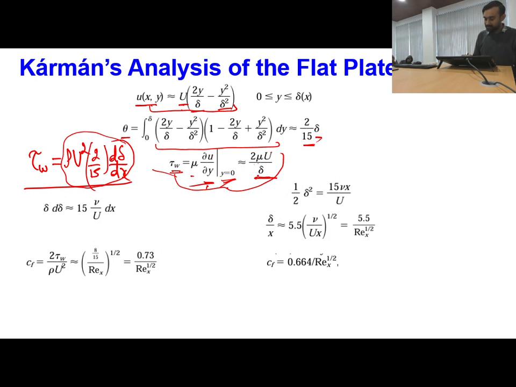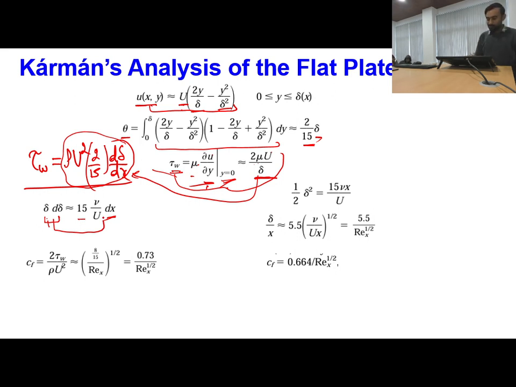If I equate these two equations, then I can do the separation of variables, and what I will be getting is that delta times d delta is nearly equal to 15 times nu by U into dx. Is this one clear? So after doing the separation of variables and comparing these two wall shear stress equations, I get this equation.